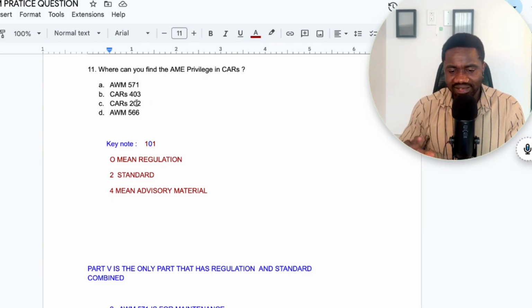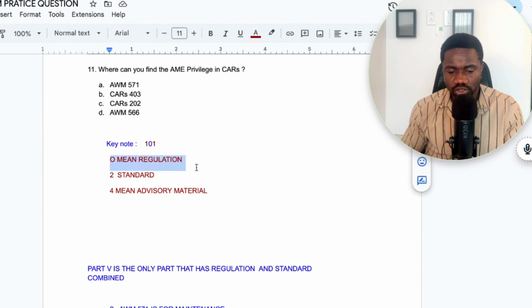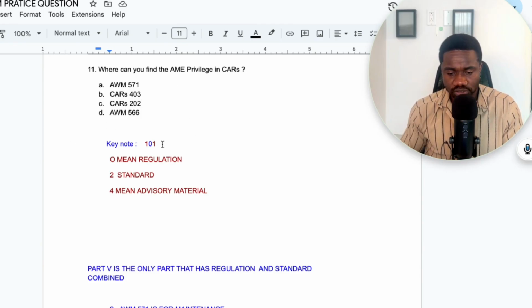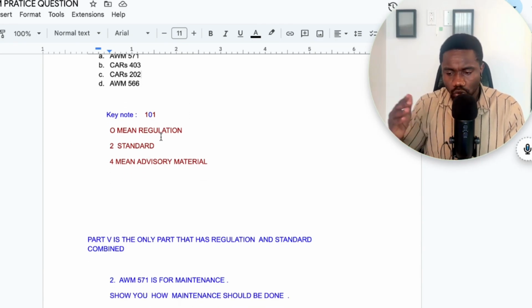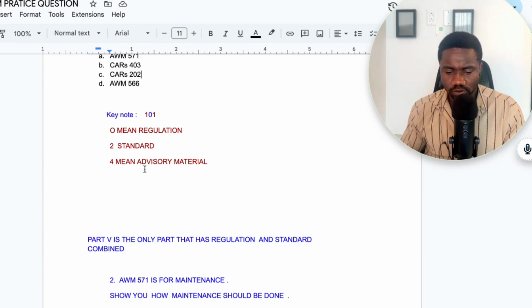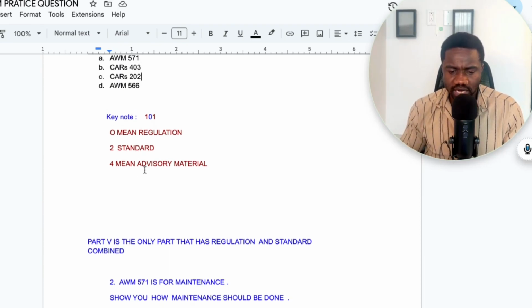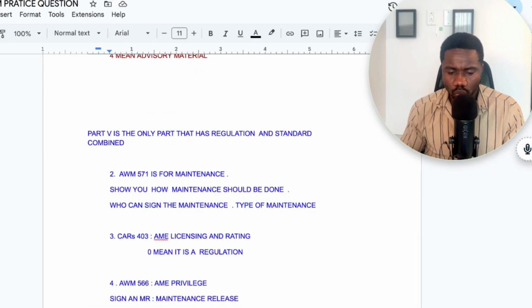So just by understanding that 0 is regulation, 2 is standard, and 4 is advisory material, I can easily eliminate two options, B and C, because these are regulations. Those are not standards, those are not procedures. But anyway, I'm still going to go through each option and explain it in detail. Let's start with the first one, AWM 571.